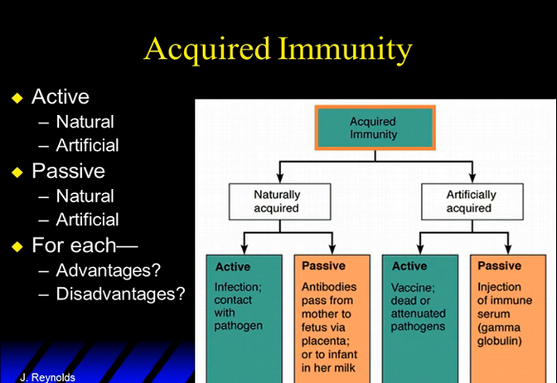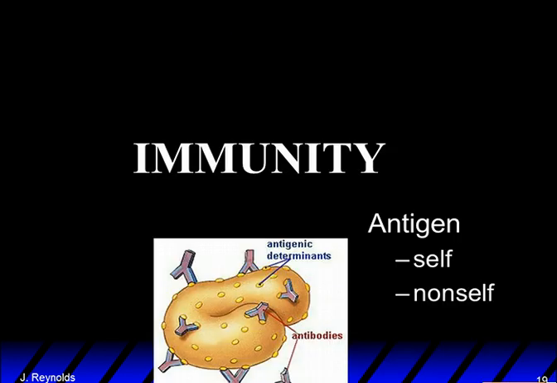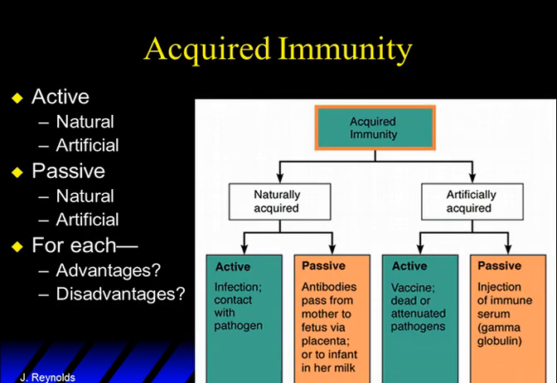You're not making them yourself, you're given them passively. That's passive acquired immunity. If you're given them on purpose, which fits the scenario I just gave you, it's called passive artificial. If you get them naturally without you having any say in it, it's called passive natural, as in mother to baby or mother to fetus.